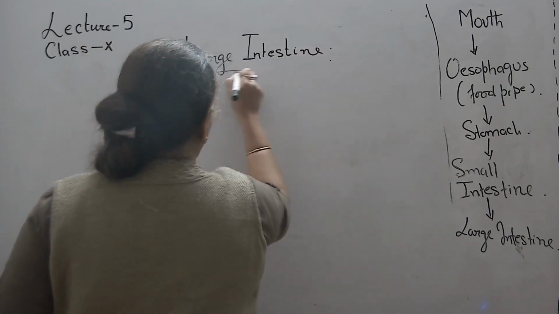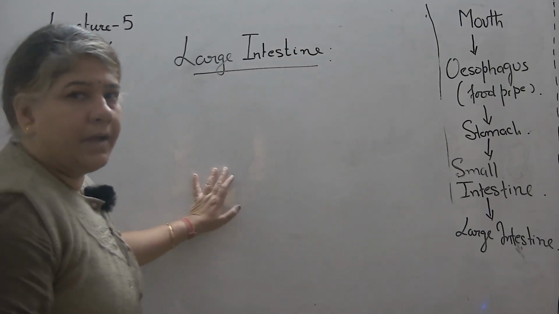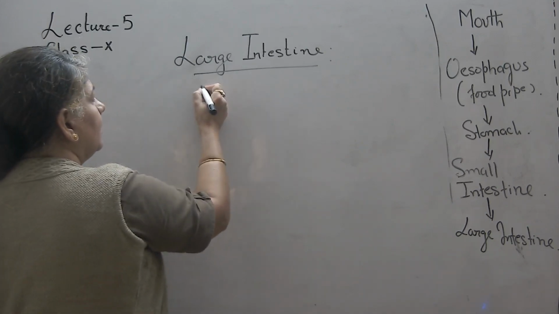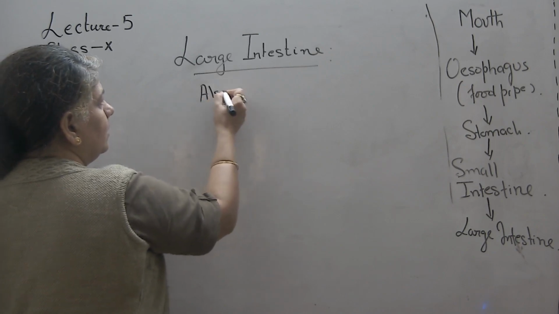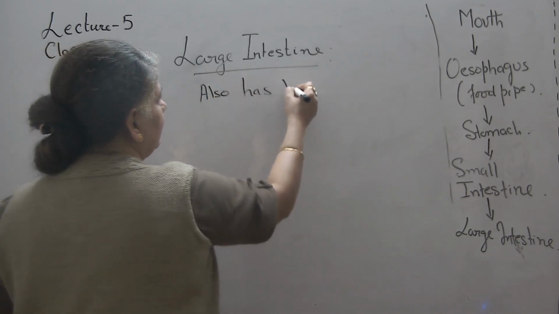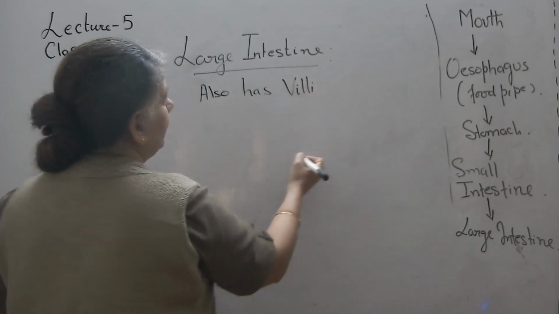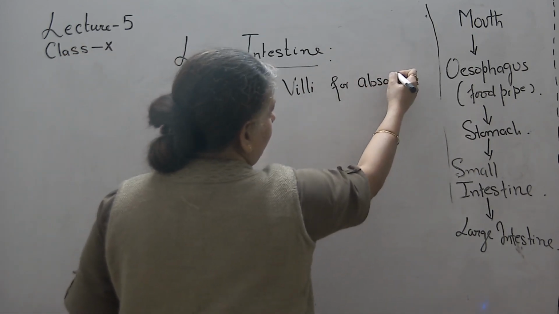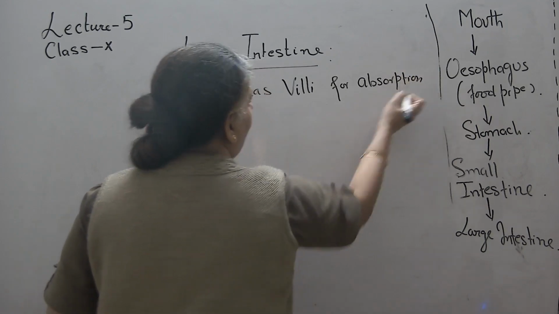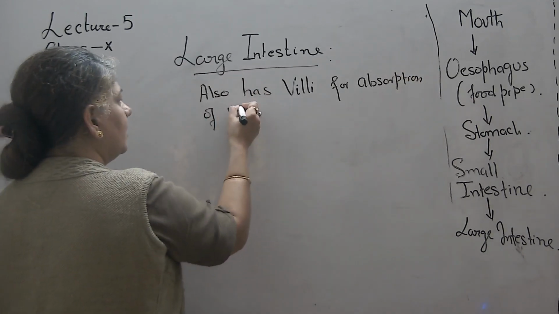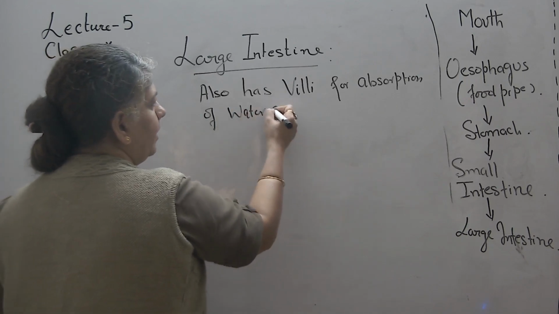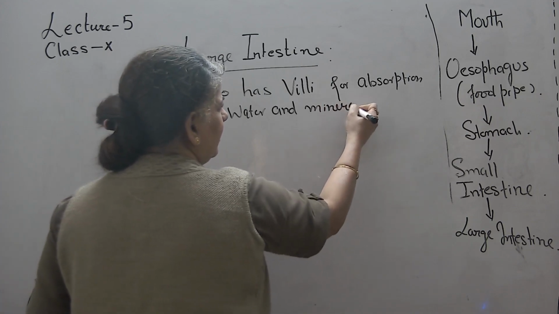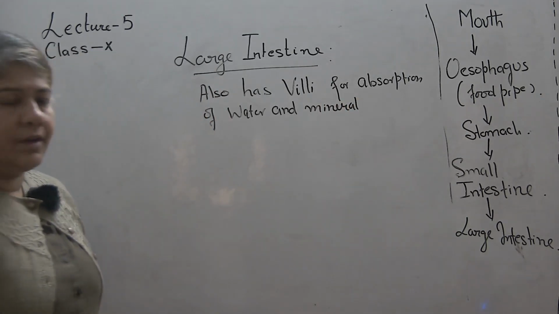See, the large intestine also has villi for absorption of water and minerals from the undigested food.